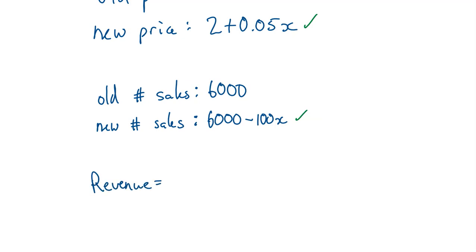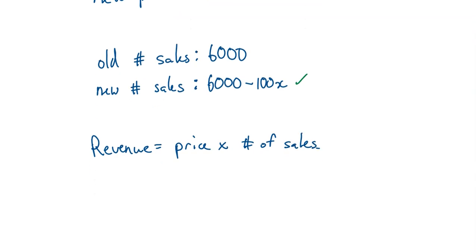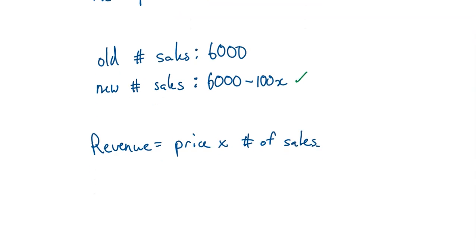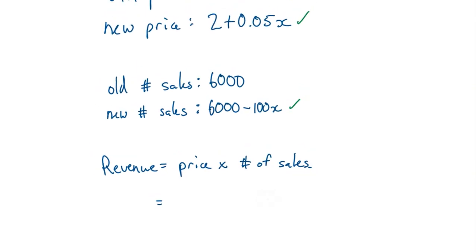As we said, revenue is equal to price times number of sales. We want to maximize the new revenue. So I use the new price and the new number of sales.